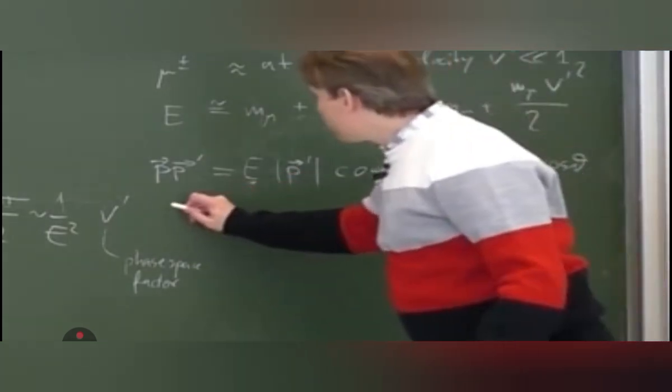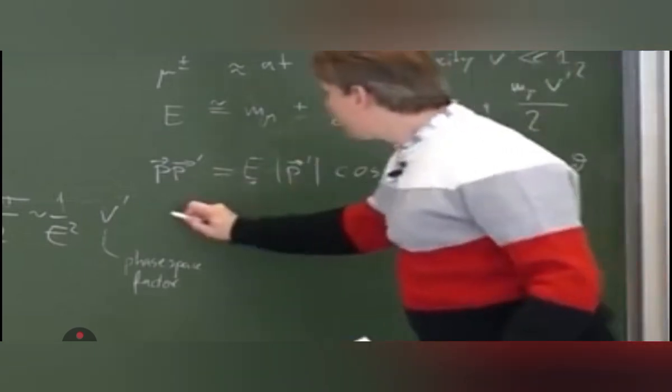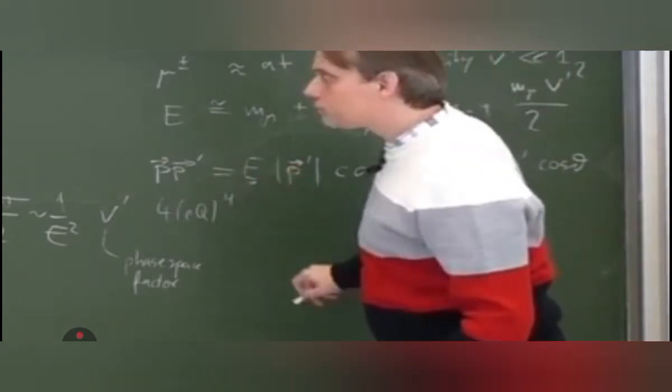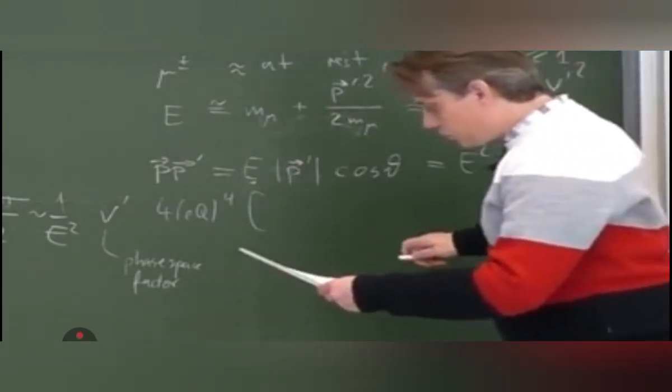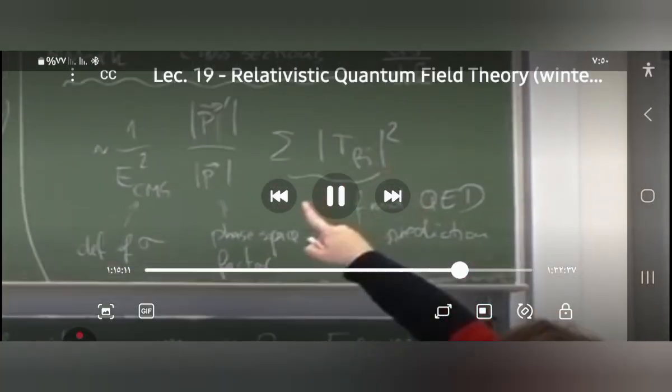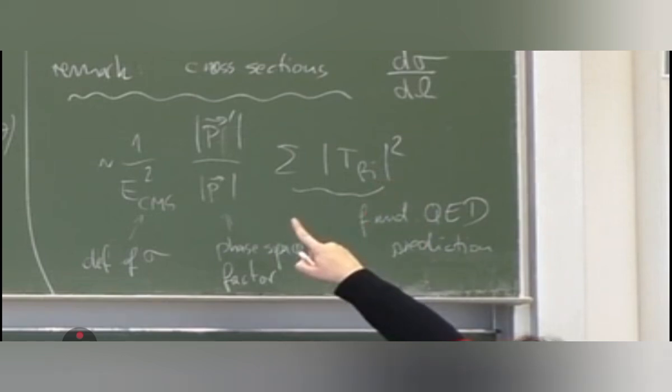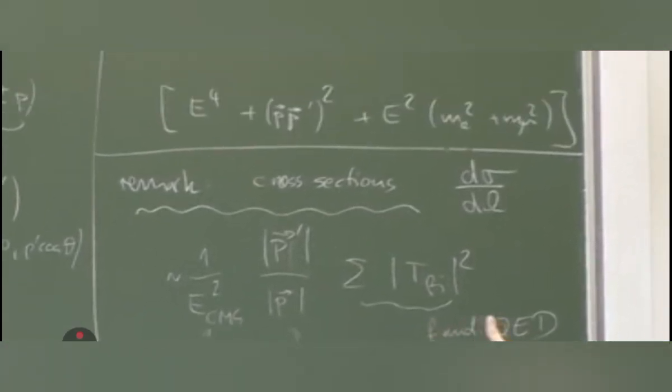Then we have, what else do we have? 4 times E to the 4th power. And then our square bracket is now the following. So E to the 4th drops out again, and then we have from the first term 1. From the third term we have E square times the muon mass square. E square times muon mass square is also E to the 4th power approximately, because the muon mass is equal to the energy.